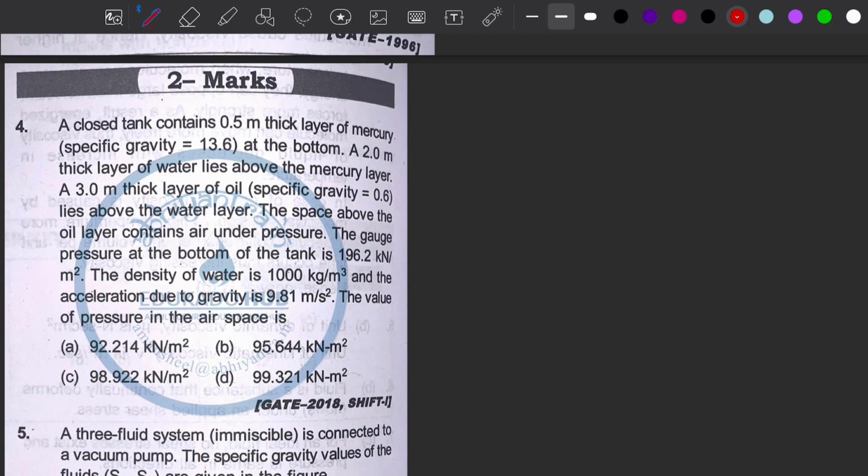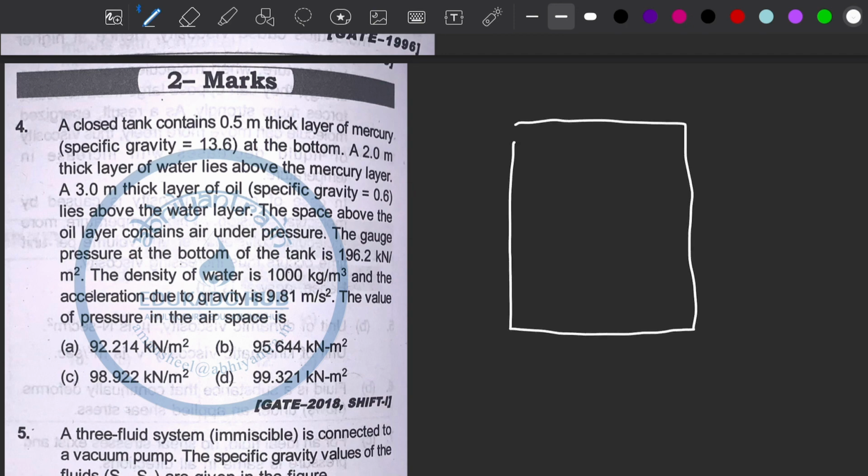So first of all, what are they telling us? Let us write that. The thing is that there is a container like this, a closed tank.